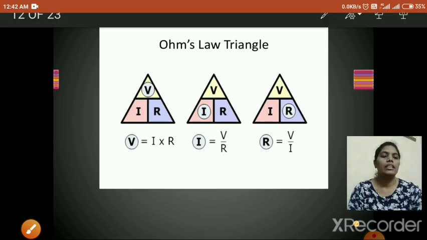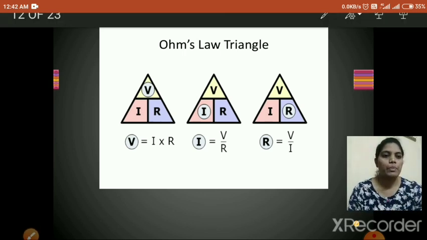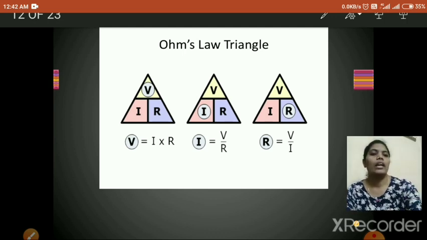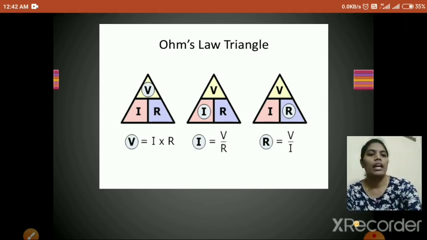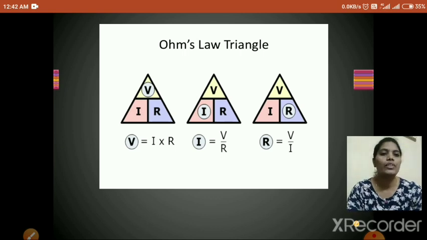And similarly in the third triangle we are expressing R in terms of V and I, where R is equal to V by I. A very, very useful triangle which is giving expressions for potential difference, electric current and resistance.